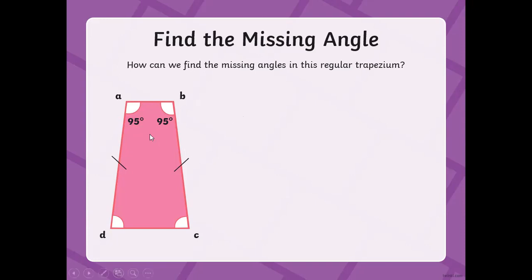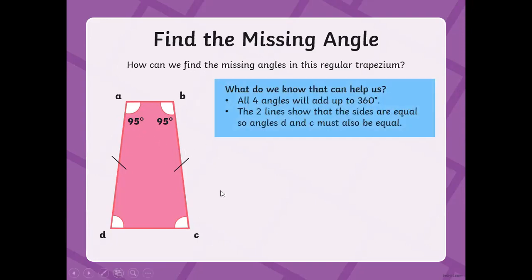Okay. So how do we find angle C and D? Now, what do we know? We know that all the angles will add up to 360 degrees. Yes, in a quadrilateral means a shape with 4 straight sides. Remember, we are in that topic. 90 degrees, 90 degrees, 90 degrees, 90 degrees. You remember what you got? 360 degrees.